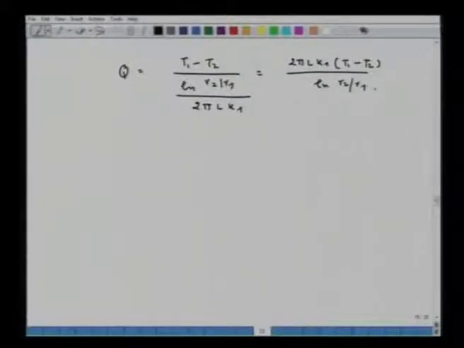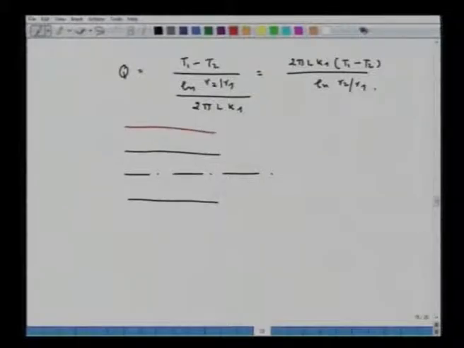Now if you want to represent it, very simple, say this is the furnace and here we have the insulation.